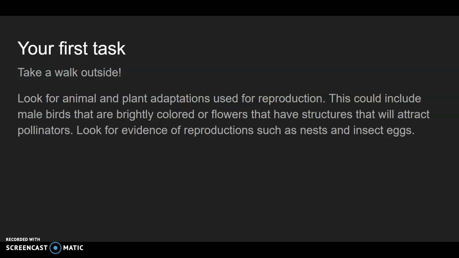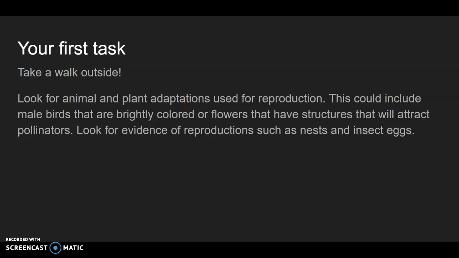But while you're out there, I want you to look for plant and animal adaptations, the features used for reproduction. And to give you some examples to guide you, that could be that there are male birds that are brightly colored, because in those organisms, the male birds tend to be the quote-unquote prettier ones. Brightly colored, very vocal. The females tend to be kind of muted in color, so to give you kind of an idea of what you're looking at when you're seeing birds out there.